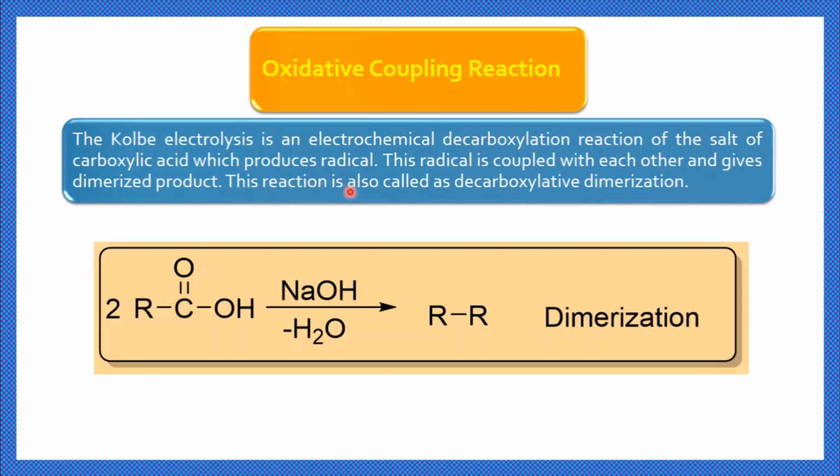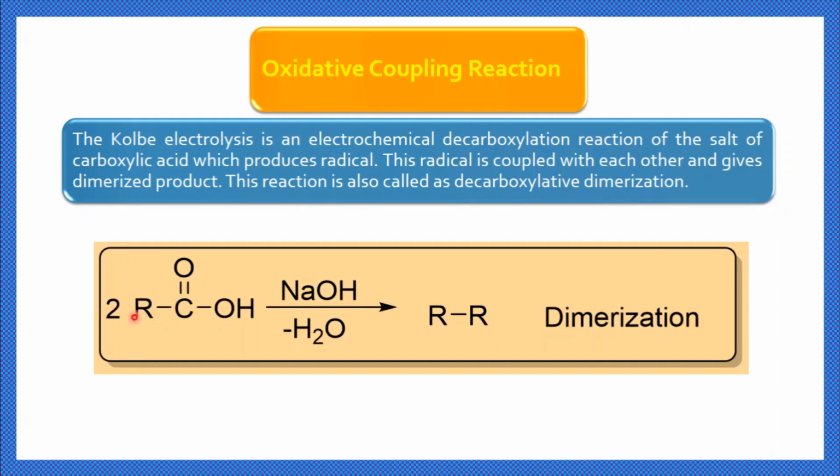This reaction is also called decarboxylative dimerization. Whatever alkyl radical you get after decarboxylation, the dimerization of that alkyl radical takes place, and this reaction is also called decarboxylative dimerization.